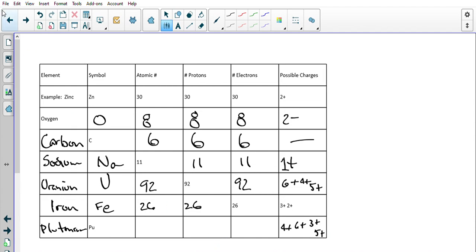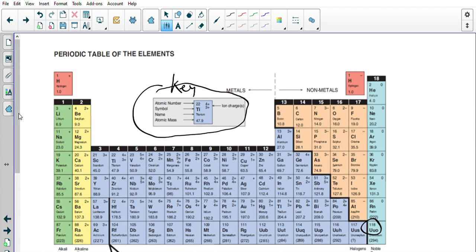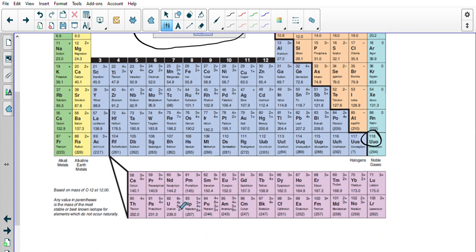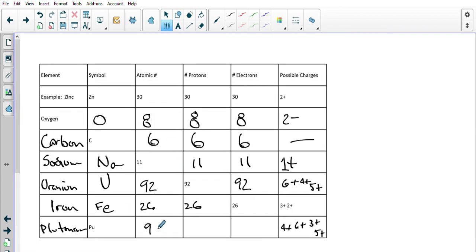I just forgot the number, and that was 94, wasn't it? Yes, Mr. Johnson, it's 94. Oh, thank you. 94, atomic number of protons, 94, number of electrons, 94. And that is it.